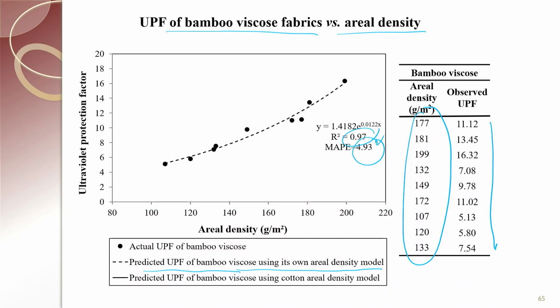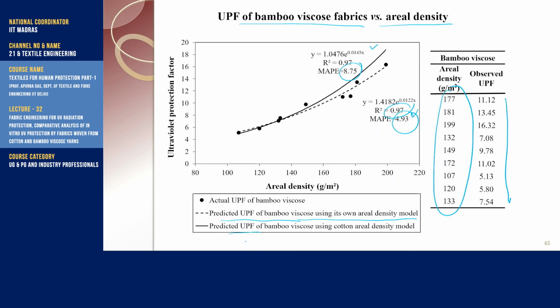So, it is a very good prediction, because the error is very low, and as compared to that, with the cotton model the error was 8.75. The solid line is the predicted UPF of bamboo viscose using the cotton areal density model, and this one is the bamboo fiber's own areal density model.